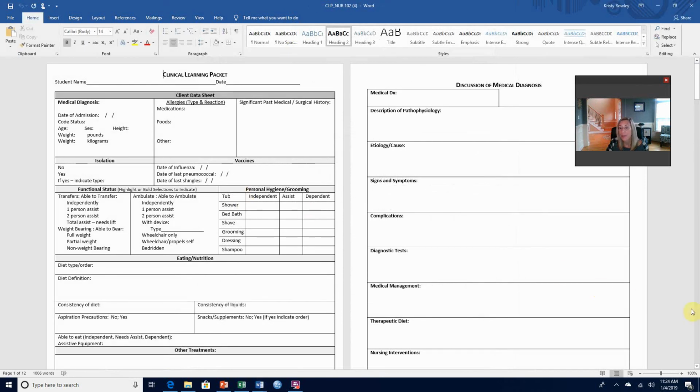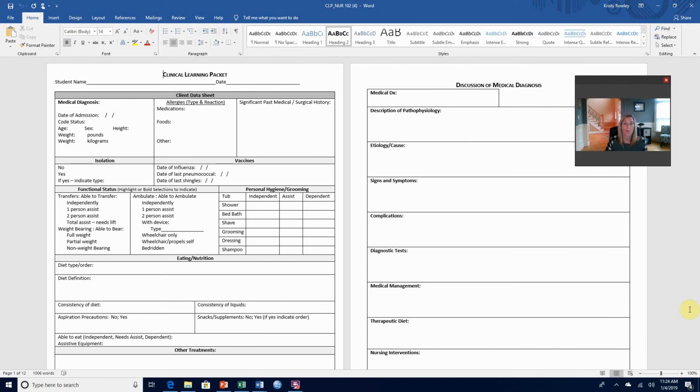Okay, so I'm going to go over the changes and a little bit of what the clinical learning packet is. It went under a big change last year for 101, and we did some updates because it is a lot like the ADNs. It's mirrored after that, and also after hospital documentation, like the assessment piece, because that is what they'll be seeing.